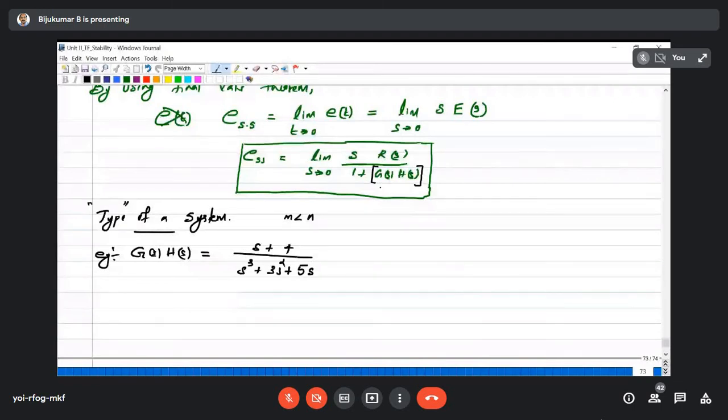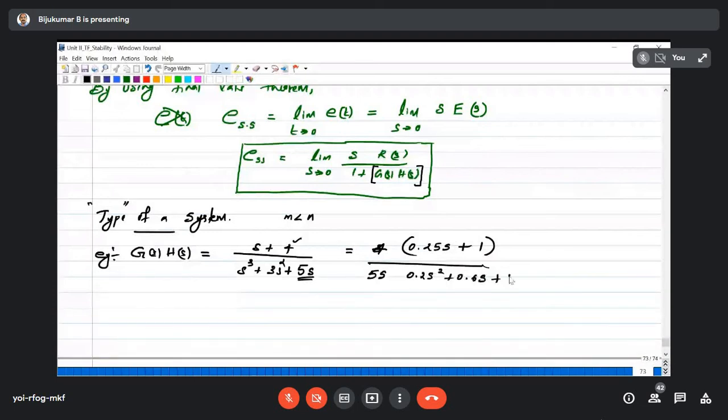So I take 4, this constant, out of the numerator, and I want to write it in this form: 0.25S plus 1. And here also I am taking 5S common. So the equation will become 1 by 5, that is 0.2 S square, 3 by 5 will become 0.6S plus 1.